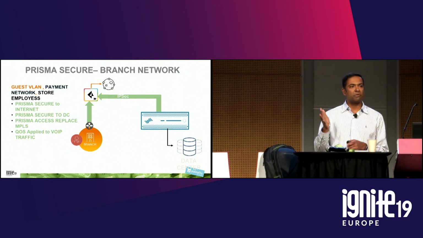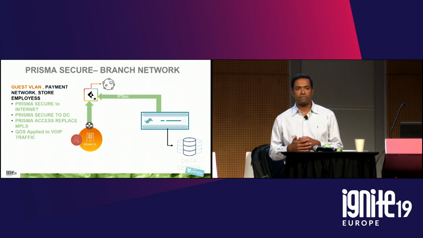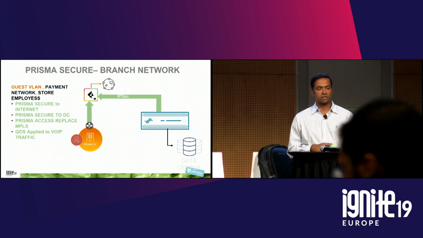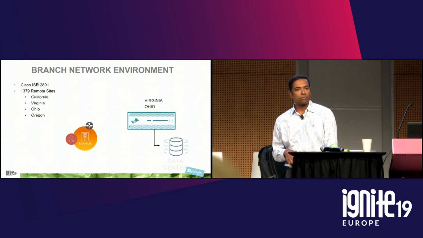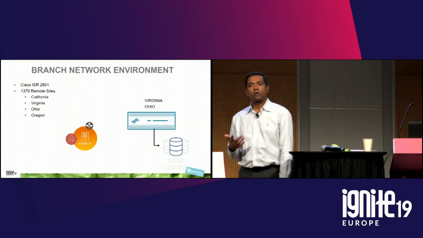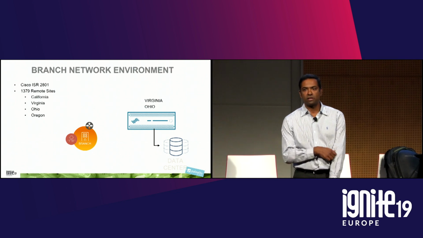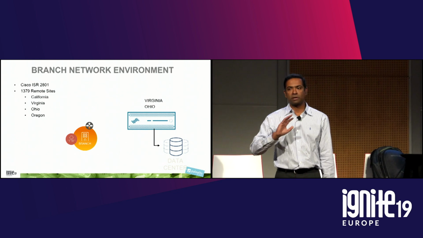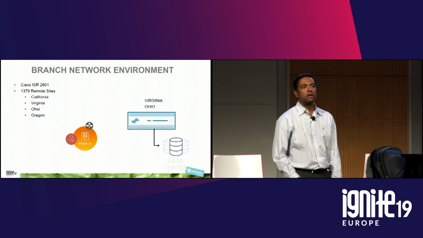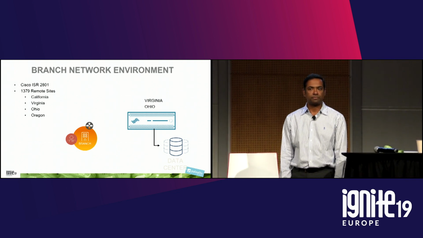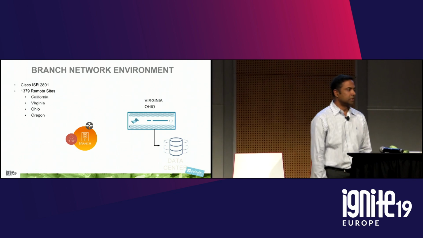So they had to be very efficient in how they route this traffic, and they applied QoS policies that are also available in Prisma Access. For their environment, they onboarded about 1,600 retail stores in the US to Prisma Access using this technology. They were able to completely get rid of their MPLS cost, and there's no MPLS now in the stores.